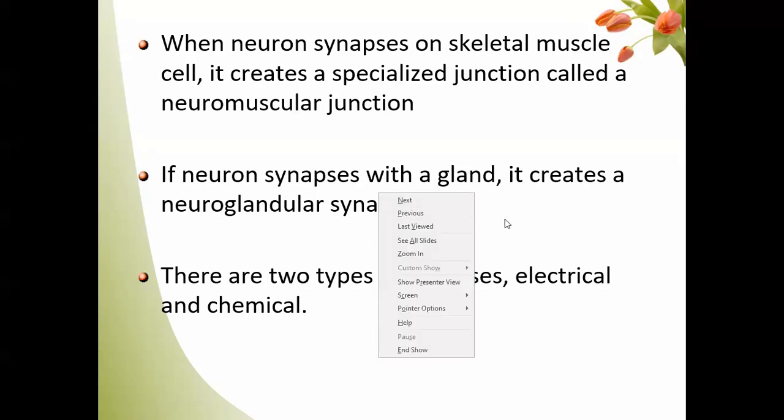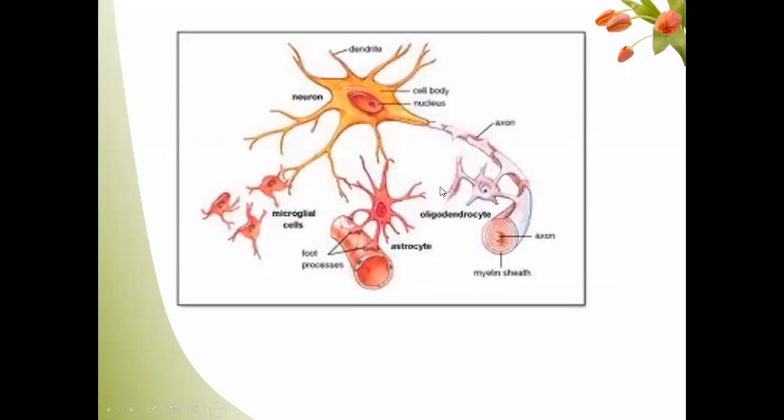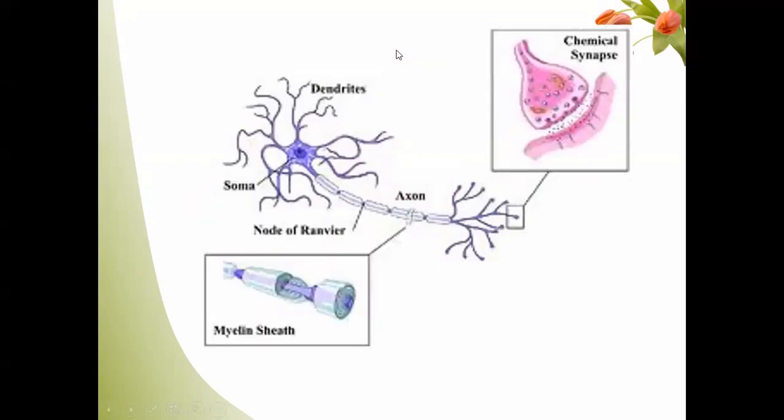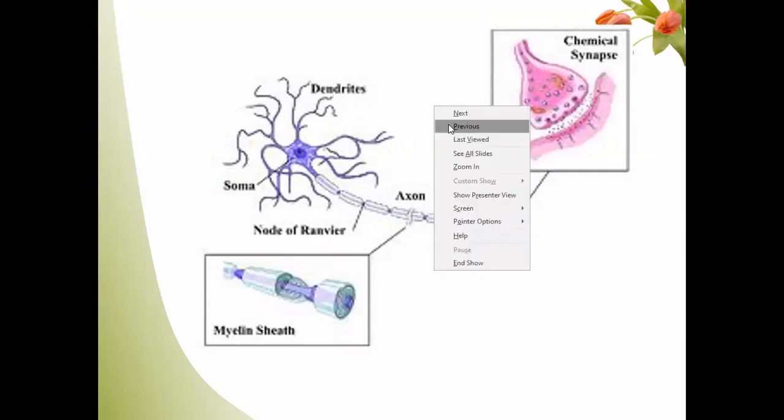In your discussion part, you have to write the difference between these two synapses. These are just pictures regarding the synapses. This is a picture of a chemical synapse, and this is the picture of myelin sheaths. The main functions of myelin sheaths are insulation and increasing the speed of impulse.